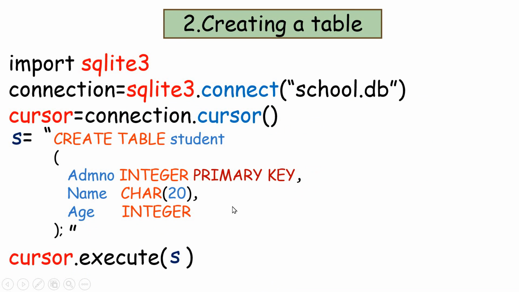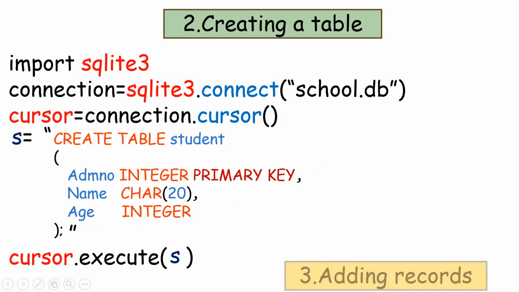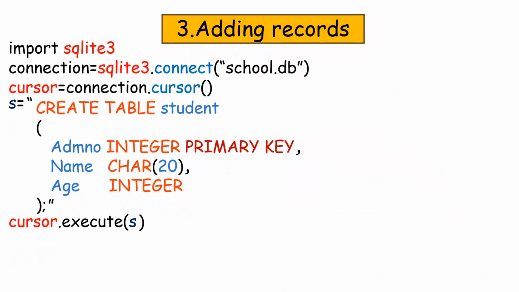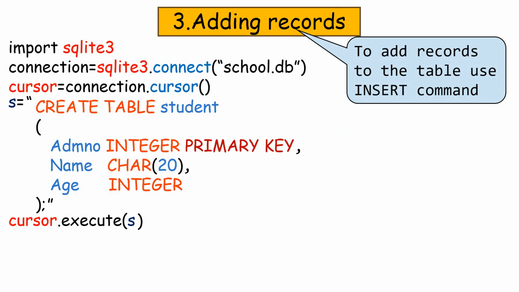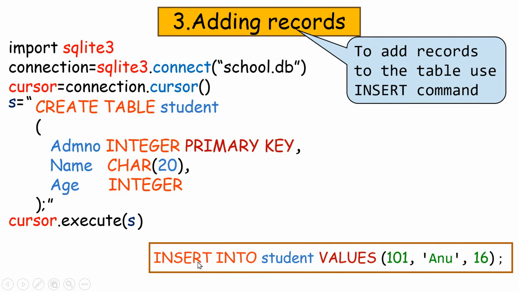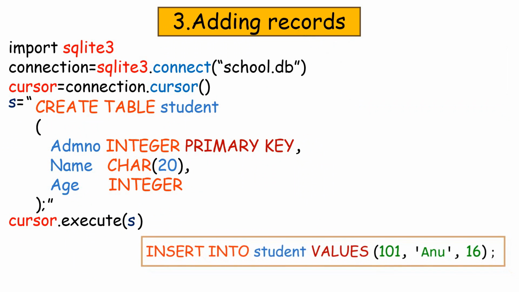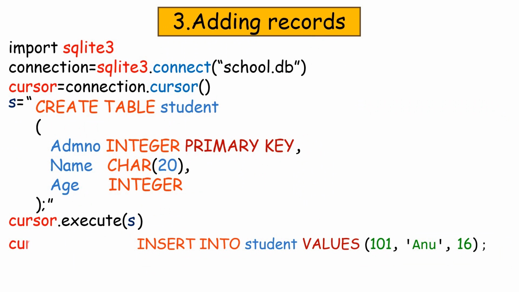Having created the table, our next task is to add the records. For adding records, you have to use the insert command of SQL, which is written as insert into student values and within parentheses the values corresponding to the columns of your table. And this SQL command I have to give as parameter to the execute function as follows: cursor.execute and within parentheses and within double quotes.